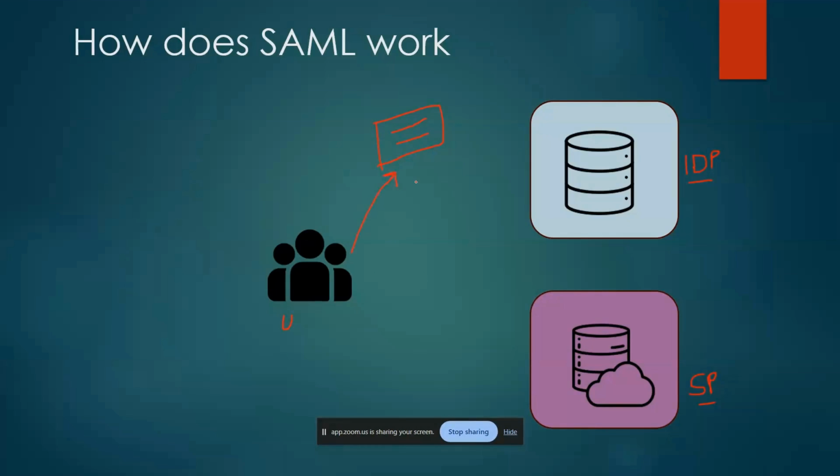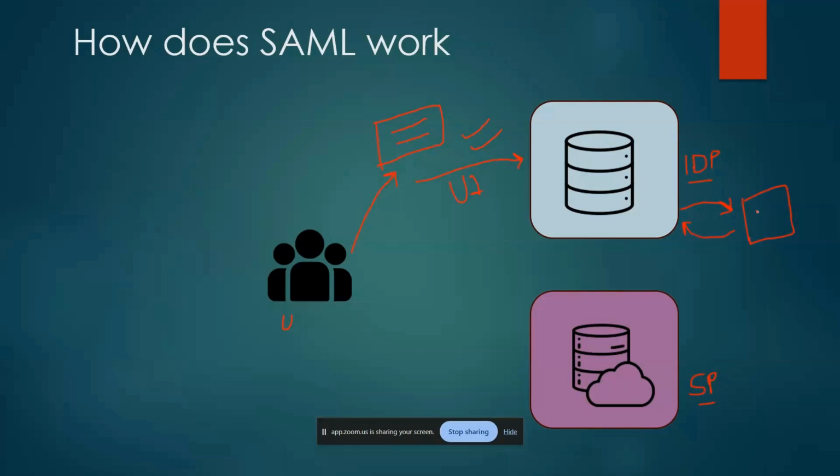As a user, you put your username and password here. This form will redirect you to the identity provider. I'll go very high level and then we'll do a little bit of dissecting. The identity provider will say, hey, wait, I want to know your domain. Hence you put your email ID, your unique ID, all of that. Once that check is done, it'll check against its database and return a value, saying this user exists in our database.